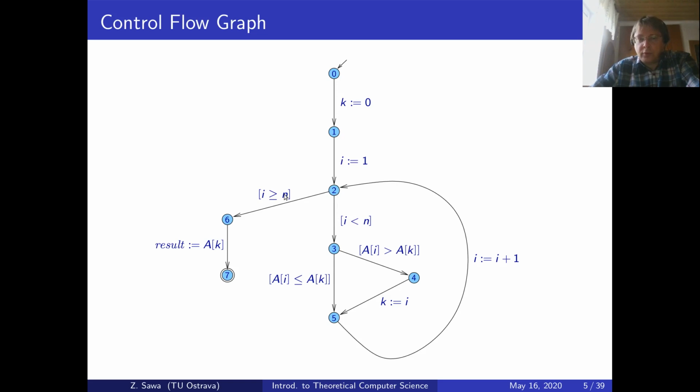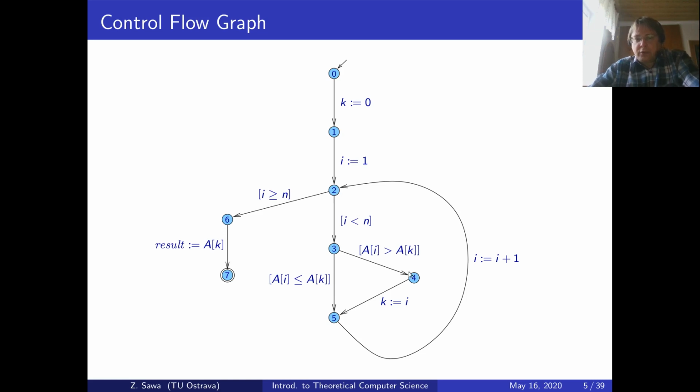Typically we will assign these conditions to transitions going out of the state in such a way that in every situation exactly one of these conditions will be true. They are mutually exclusive. So either I is less than n or I is greater or equal to n. Depending on which of these conditions is true, that transition could be performed.